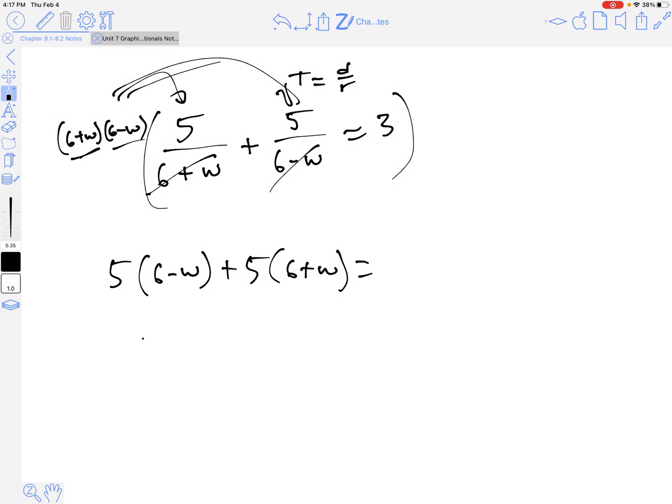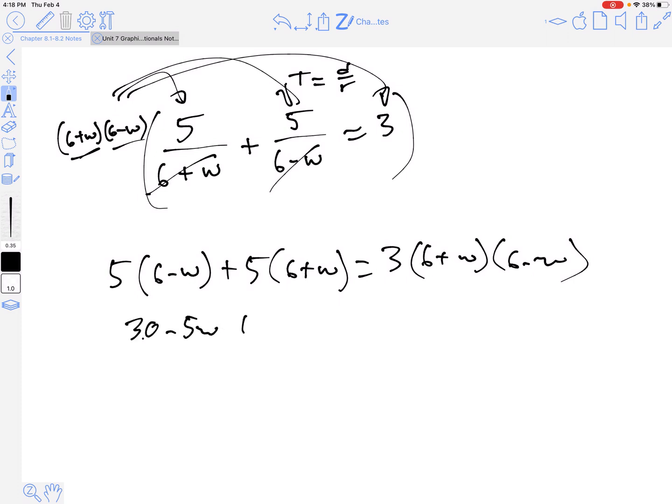And then as I distribute here, it'll be 3 times 6 plus w times 6 minus w. Then I'll distribute that, and I'm going to get 30 minus 5w plus 30 plus 5w, which cancels those out and leaves me with 60 on the left-hand side.